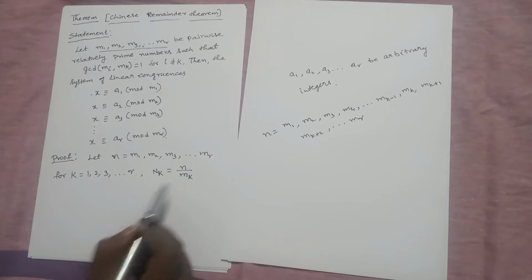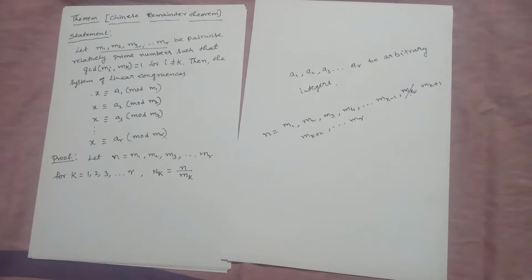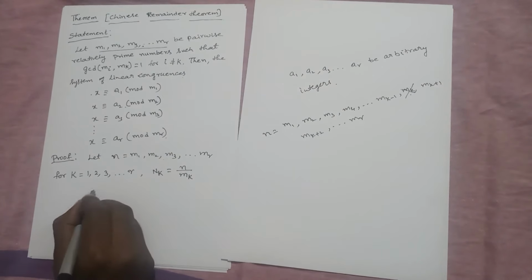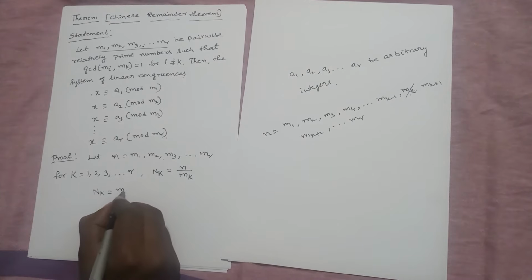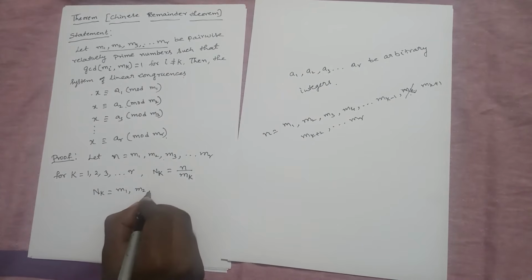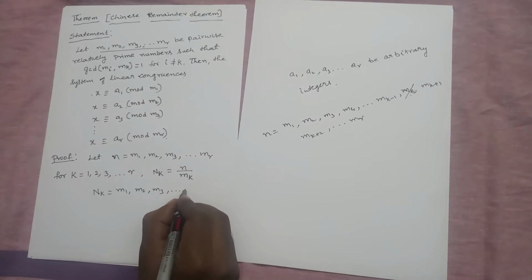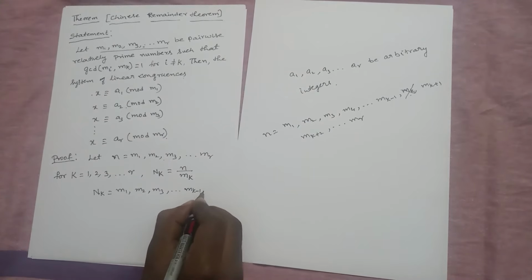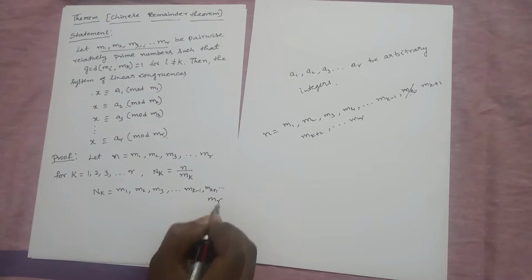If you divide by mk, mk gets cancelled here. So what do you get? nk is m1 m2 m3 and so on, mk minus 1, mk plus 1, and so on up to mr.